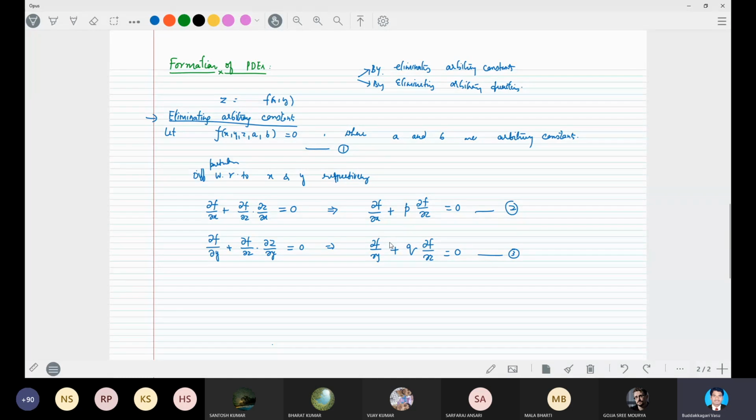The methodology we have to follow for eliminating the arbitrary constants from equations 1, 2 and 3, eliminating a and b, which results in the required equation. Which order will it be?